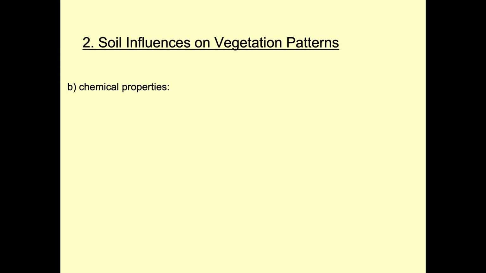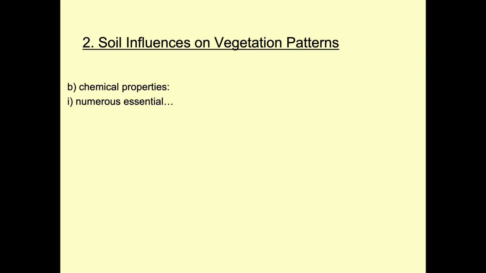The next thing we're going to focus on is the chemical properties of soils. So soils differ in the abundance of different essential soil nutrients they contain. Nitrogen and phosphorus are the two main limiting nutrients around the world when it comes to plants.